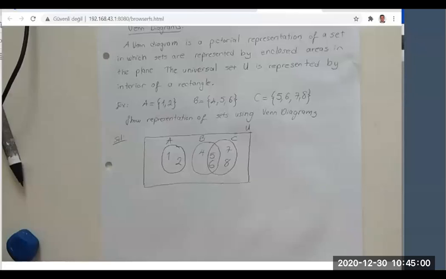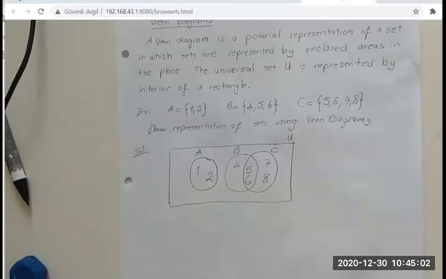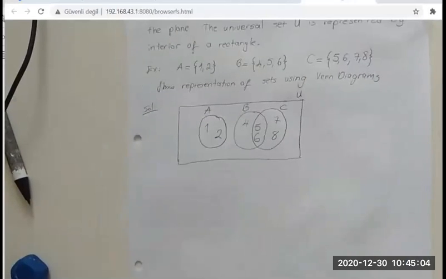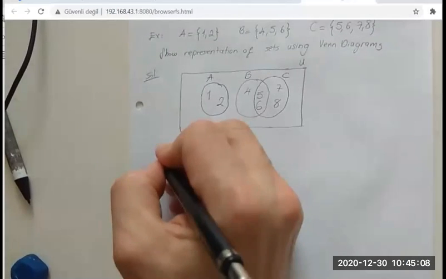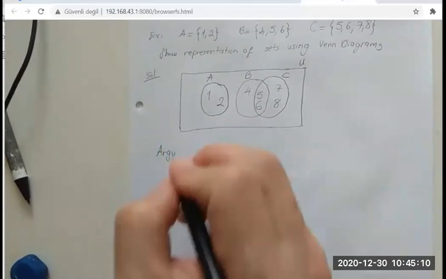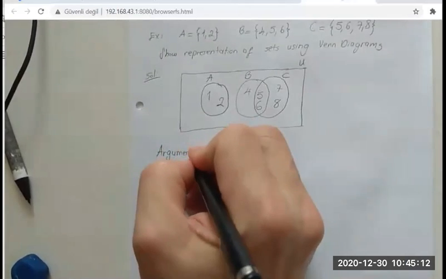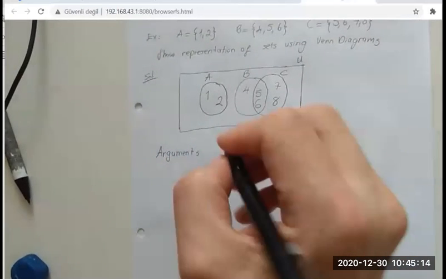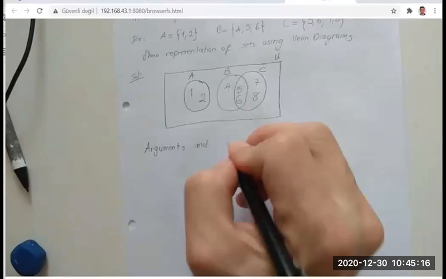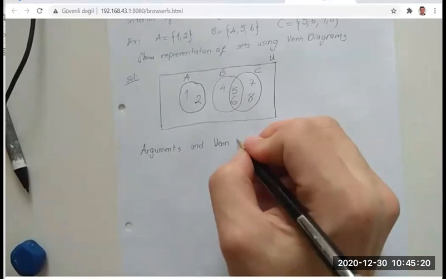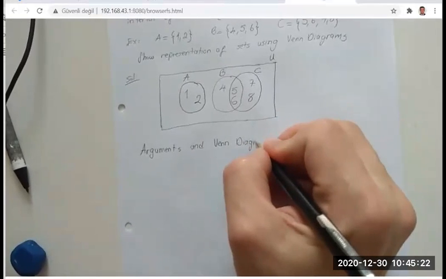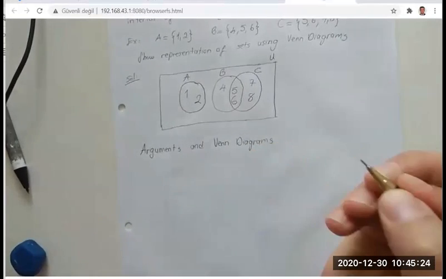Okay, there are the arguments and Venn diagrams. I will jump here also. You can read it. We don't need so much detail like that, but you can read it.